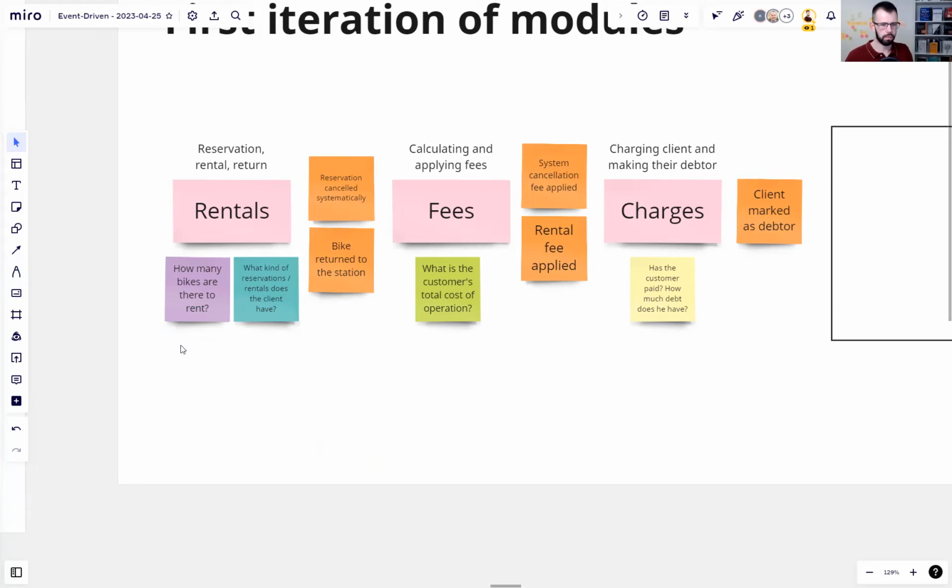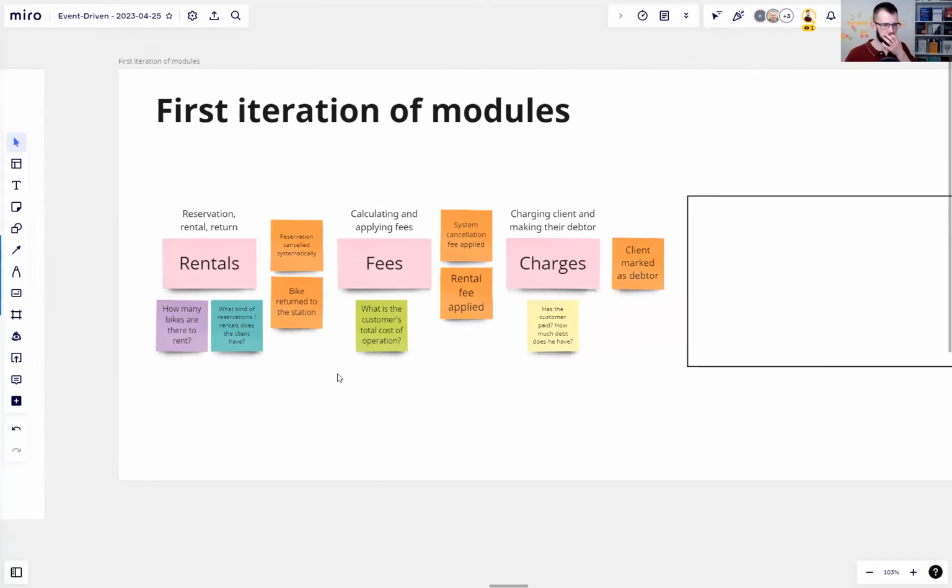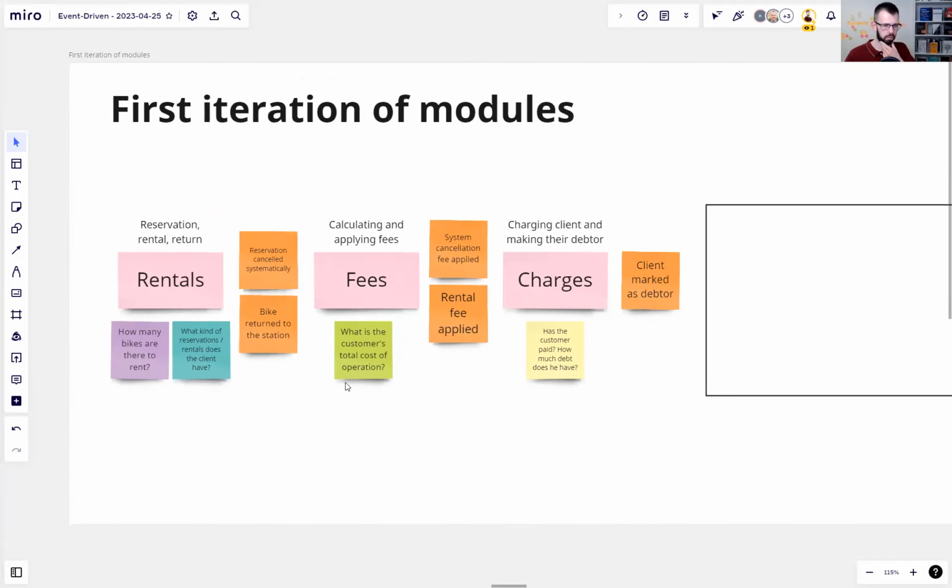So in this case, rentals would be more like a bounded context, and all three that I mentioned will be subdomains that belong to it. Yes, the subdomains, some smaller parts of it.